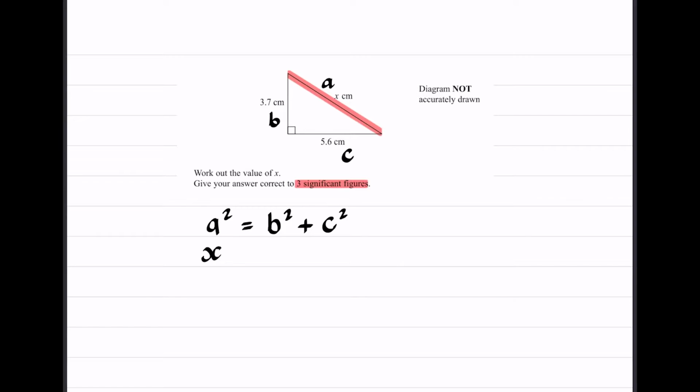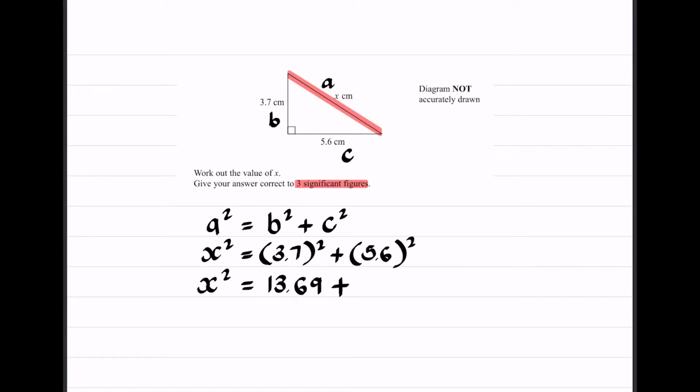So A is x, so x squared is equal to, B's value is 3.7, that's squared, plus C's value, which is 5.6 squared. So x squared is equal to 3.7 squared, which is 13.69, plus 5.6 squared, which is 31.36.